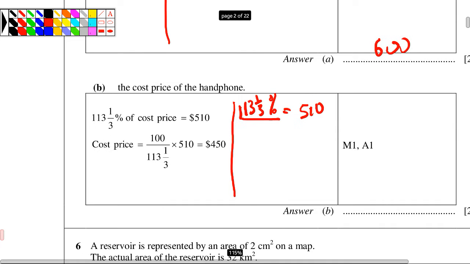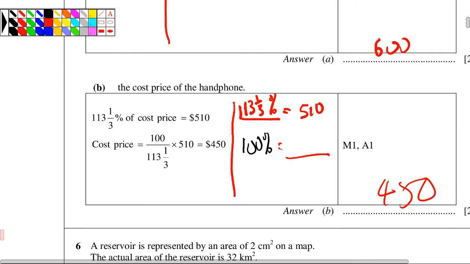Do you understand? And when I want to find cost price, I'm finding what? How many percent? 100%. So then you calculate yourself, and then you get the answer 450. Okay? So ability to write this is 1 mark. The answer is 1 mark. If you do this, it's fine. It's fine.